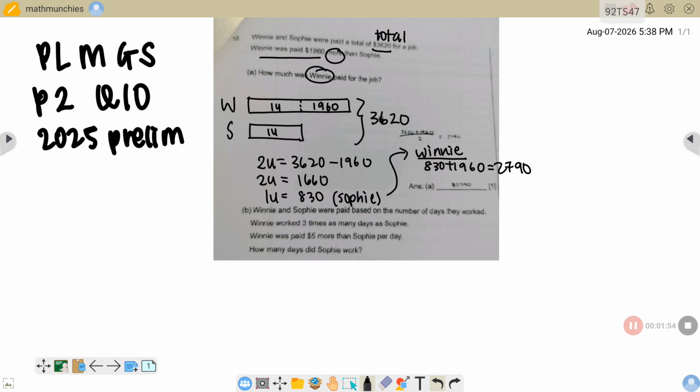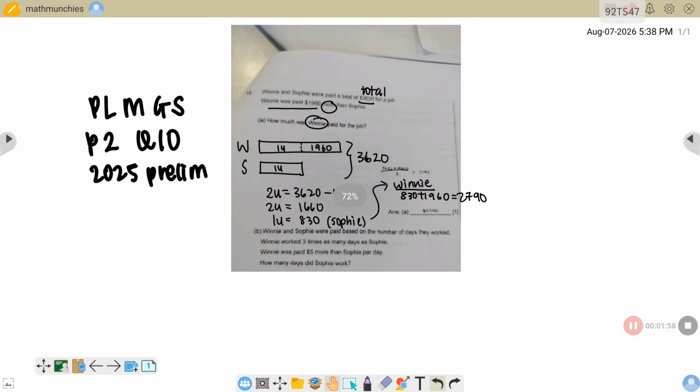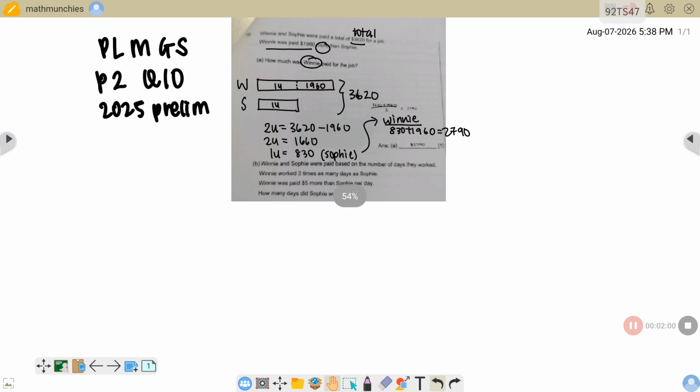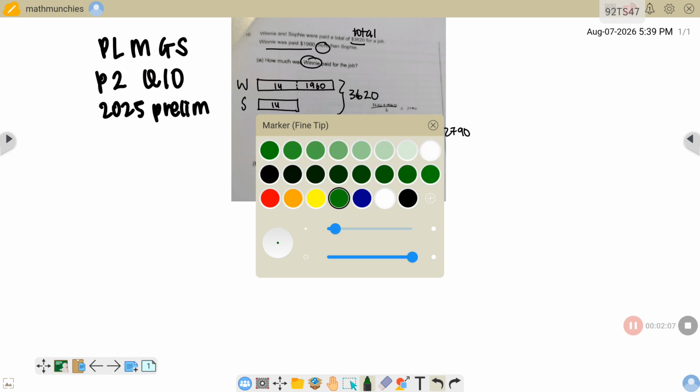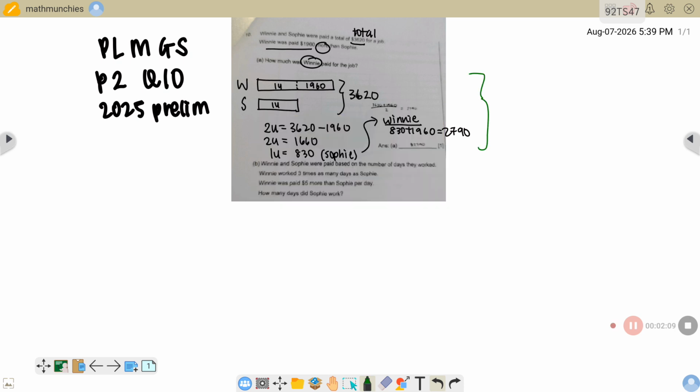Okay, so right now, question B, this is when it's difficult. Everybody pay attention, later then you can copy. They say Winnie and Sophie are paid based on the number of days they worked. Whatever information we found here is the total value, correct?